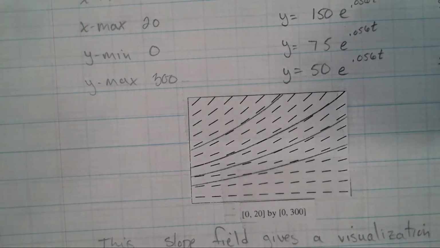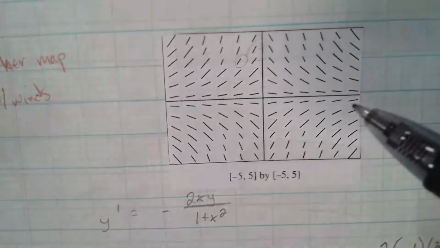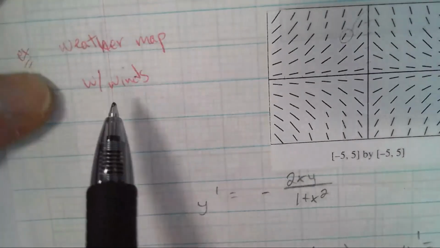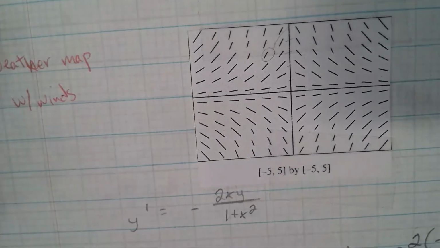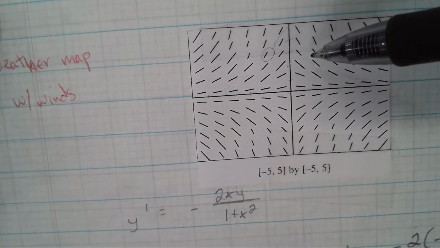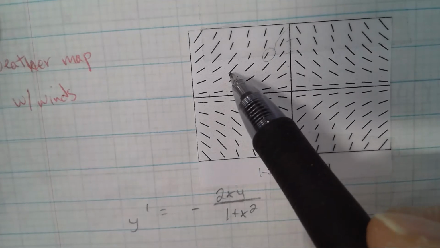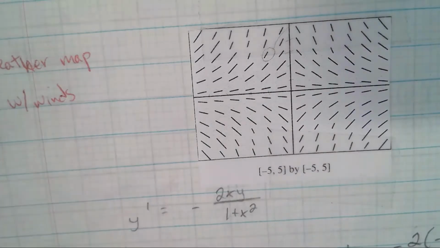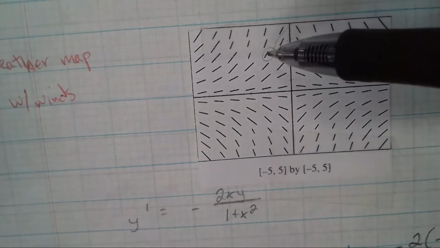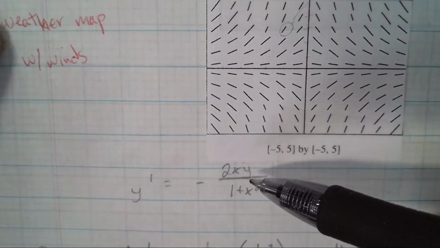All right, so here's another one. It's another slope field. Think of these kind of like weather maps. If we wanted to talk about what direction the wind is coming from at this point, it's coming from the northwest, you could say. And right here it'd be coming from the southwest because it's going up like that. If I looked at just this point, -1, 3, this is our differential equation for this slope field.